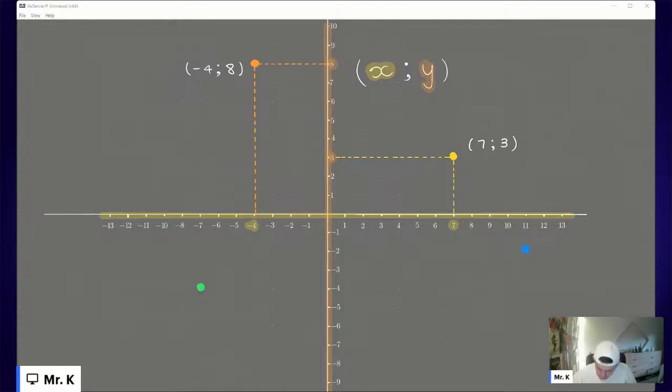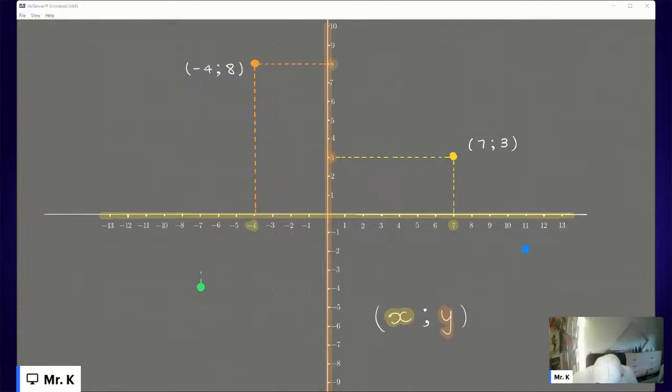Right. I know that my coordinates are always written in the form x, then y. So to find the coordinates of this green dot, in other words, to find the exact location of my green dot, I need to start by finding the x value. The x value is always going to be found along the x-axis, which we know is the horizontal yellow line.